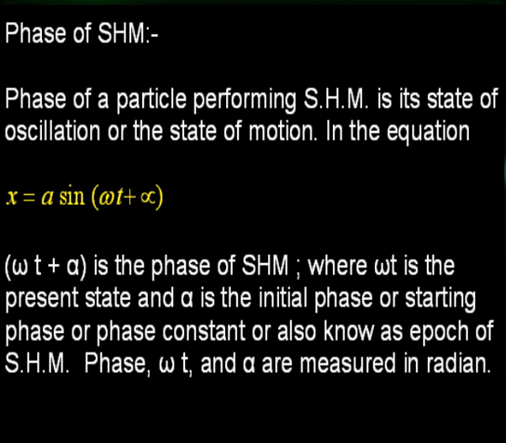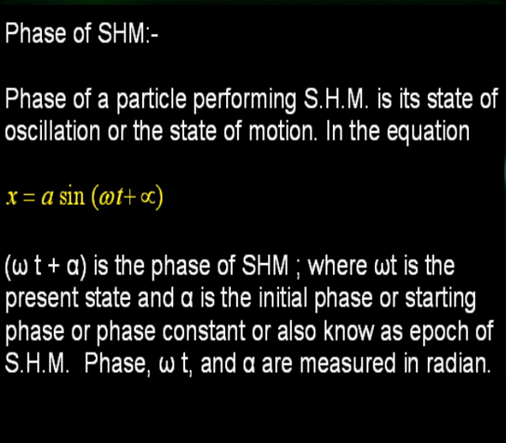Phase of SHM. Phase of the particle performing SHM is its state of oscillation or state of motion. In the equation x is equal to a sine omega t plus alpha, omega t plus alpha is the phase of SHM.